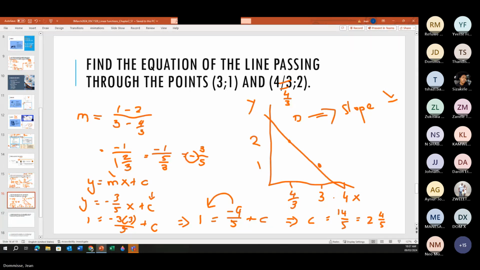So you can check that when we've got c, again, I haven't shown any final answer. So let the answer sheet guide you, because this answer could have now been y is equal to minus 3/5x plus 14/5, or it could have been plus 2 and 4/5.